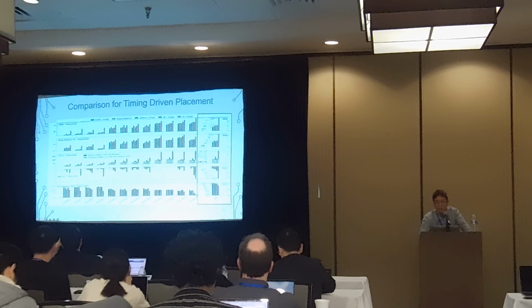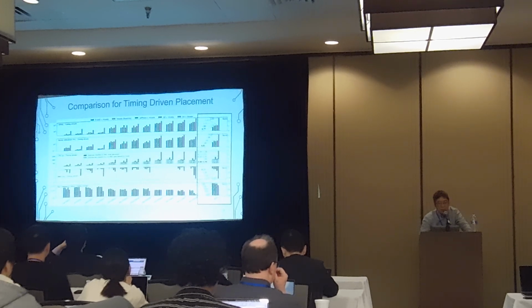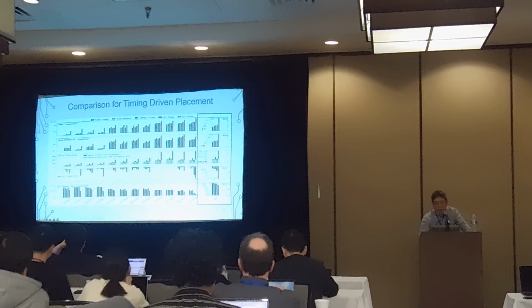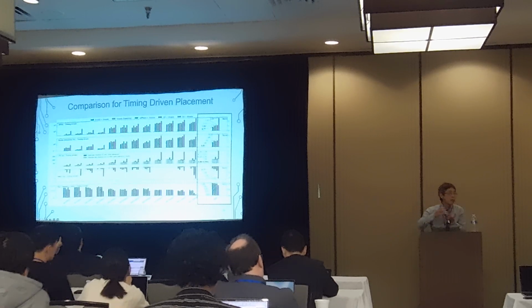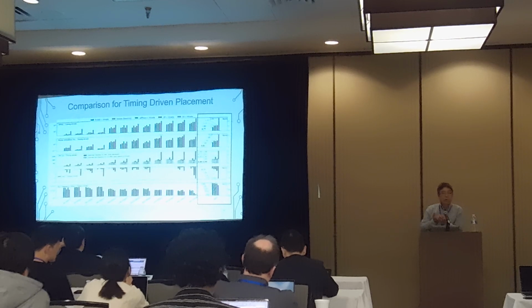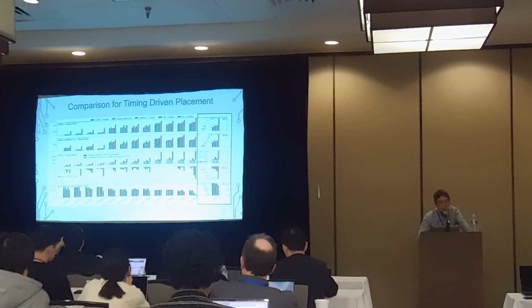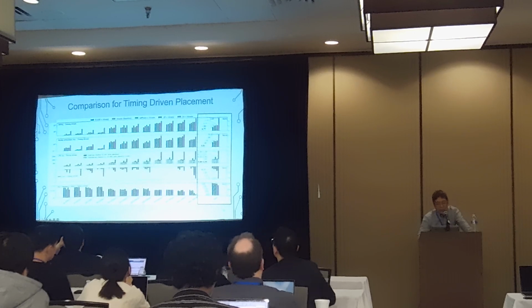The second row is routing utilization, and the third row is the CPU time. When we apply our method with Vivado, most of the runtime is Vivado. The runtime of our macro part is negligible, almost nothing, and it also achieves better timing results, with less worse negative slack and better frequency.